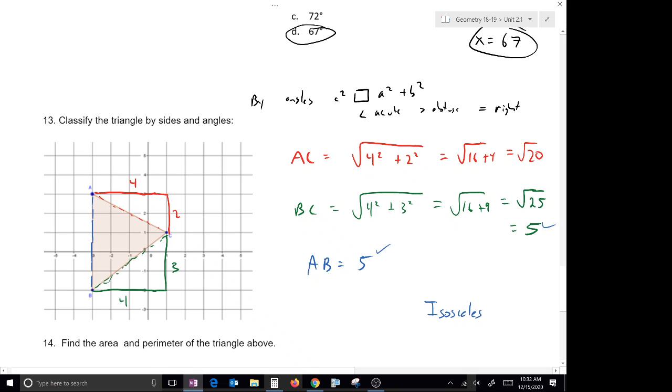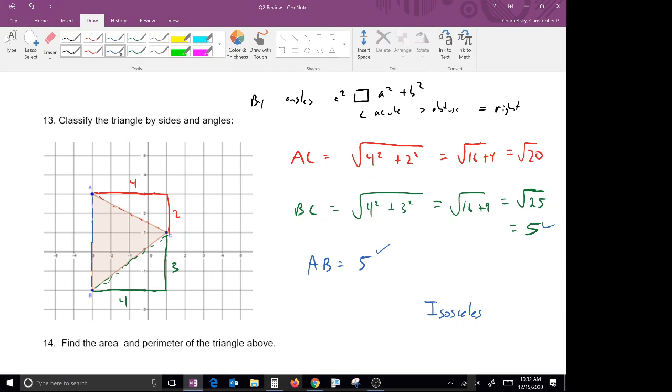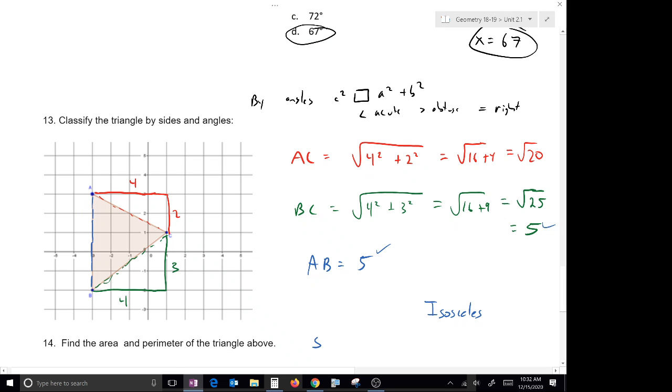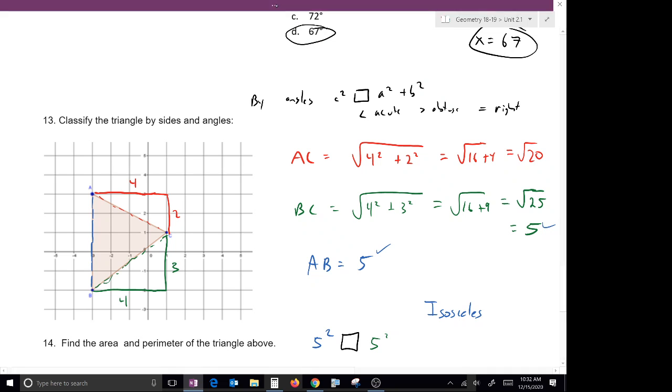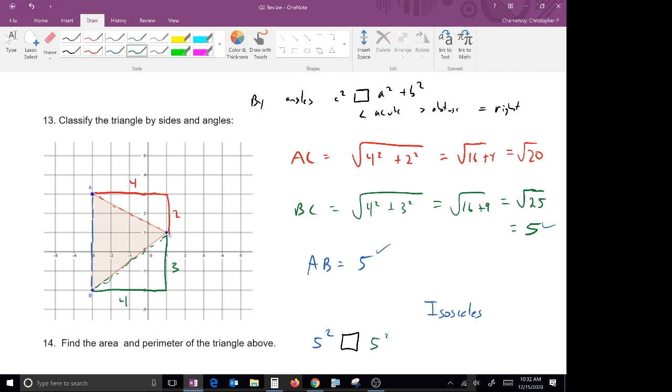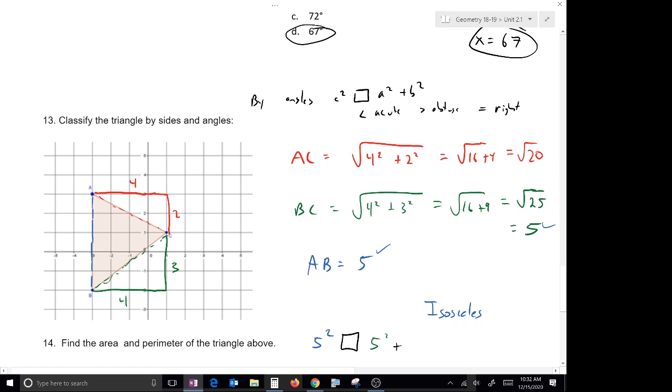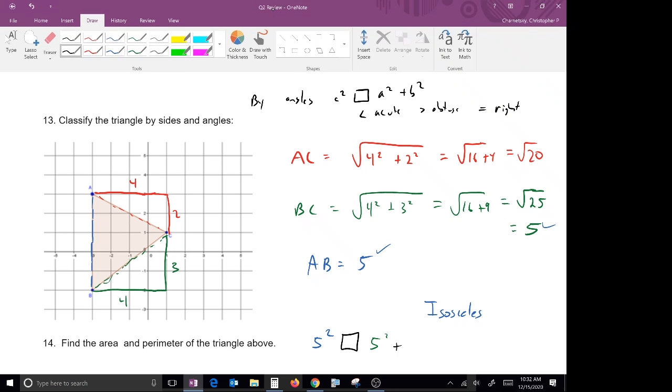Well, 5 and 5 are both going to be equal, so it doesn't matter which one we make the longest. But I'm going to put the blue one there. So we'll put 5 squared, box, our other 5 squared plus root 20 squared.